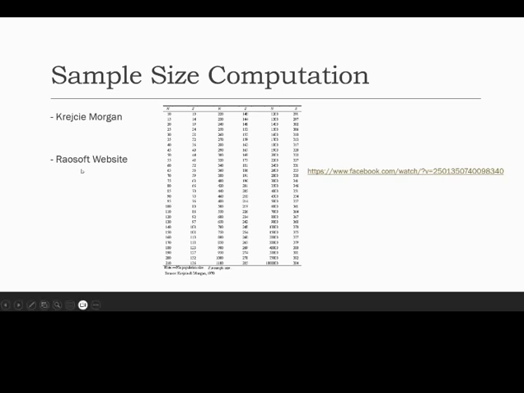We prefer Krejcie and Morgan for known populations, meaning populations with a definite, finite number. If the population is not finite, you have to use another one.